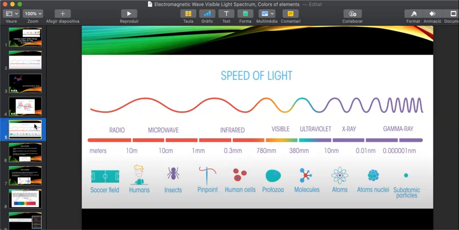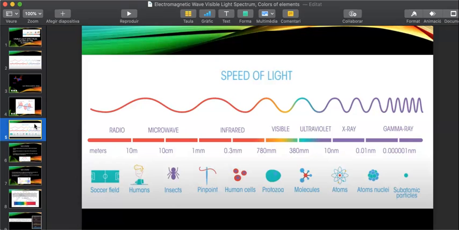The electromagnetic spectrum is formed of different types of radiation. Start, for example, with the radio waves. They are huge. They can have a wavelength about the size of a soccer field.